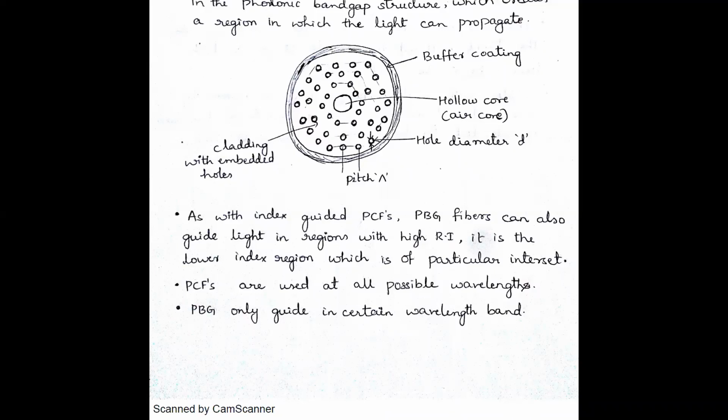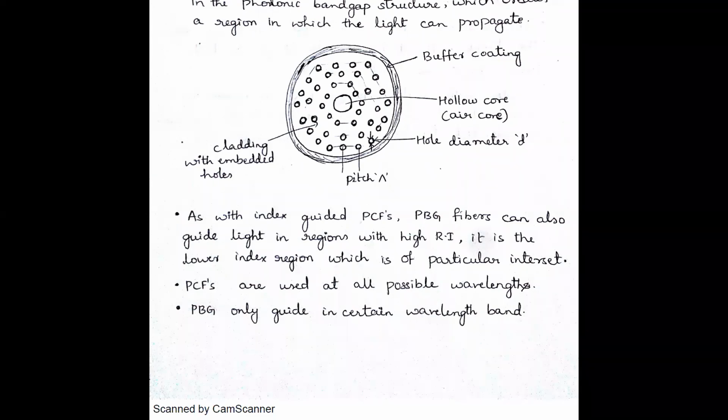In those applications, these specialty fibers are used, but the conventional fibers are the ones which will be carrying your information for long distances in terms of kilometers. These photonic crystal fibers are only for handling the multiple wavelengths and at different time instances. Fine, sir. Understood, sir.